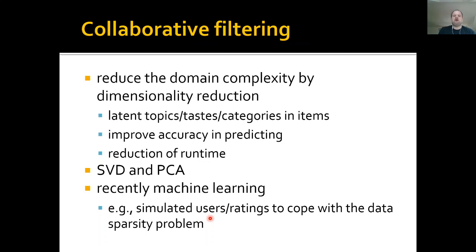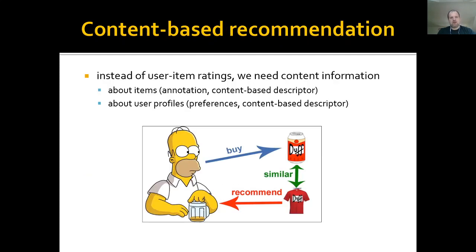If we have a well mapped domain, or enough data in one domain, we could try to transfer this knowledge to another domain where there is very sparse data, using simulated users and ratings from one domain to the other. So this is generally what is tried using machine learning.